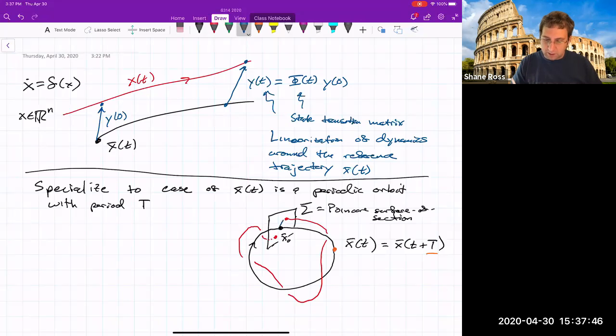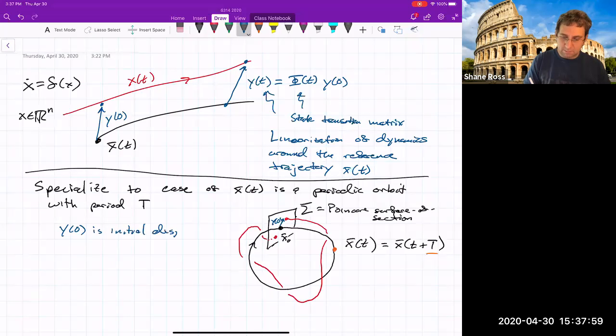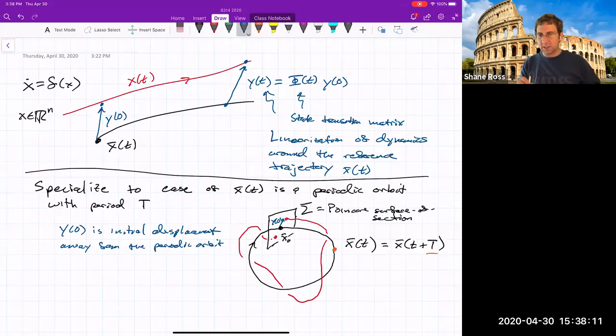So we look at the initial displacement vector in the Poincaré section. So y0 is the initial displacement away from the periodic orbit. In some sense, this Poincaré section is pretty arbitrary. I could pick any place along the periodic orbit.